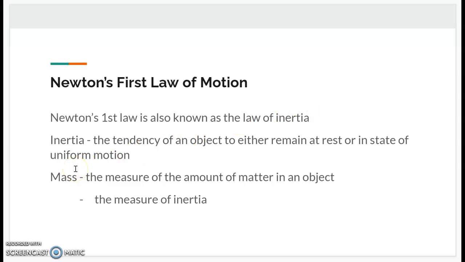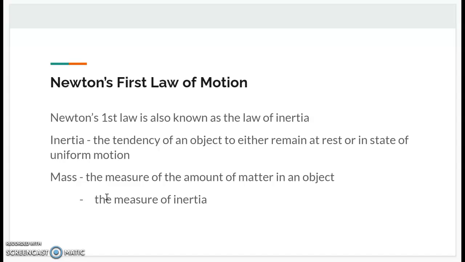And then for mass. Mass is the measure of the amount of matter, and I'm sure you've encountered this definition before. But also it's the measure of inertia, which is interesting because the larger something is, the more difficult it is to move that object, and so it has more of a tendency to remain at rest.